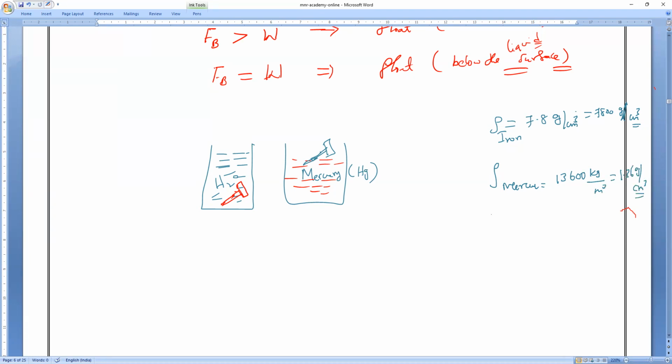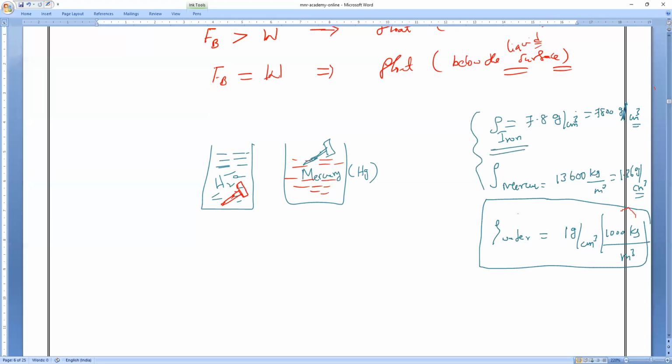Now if I take water, the density of water is 1 gram per cubic centimeter, which is 1000 kilogram per cubic meter. So this is what you have to remember.